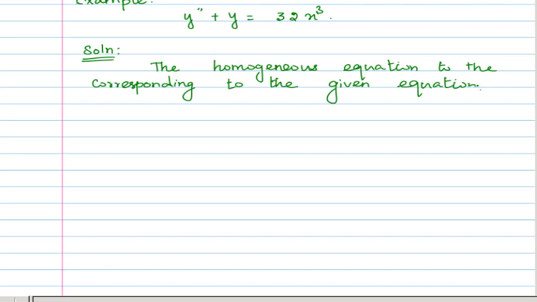My equation becomes y double prime plus y equal to 0, which I name equation 1.